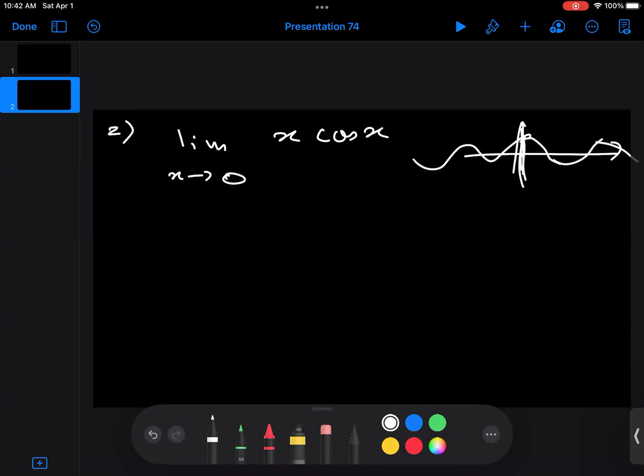I'm looking at this quantity as x goes to 0. But in fact, here everything is well defined. So cos of 0 is 1, x equals 0, and 0 times 1 is 0, so this limit is 0. There's no difficulty here. Any questions with that?